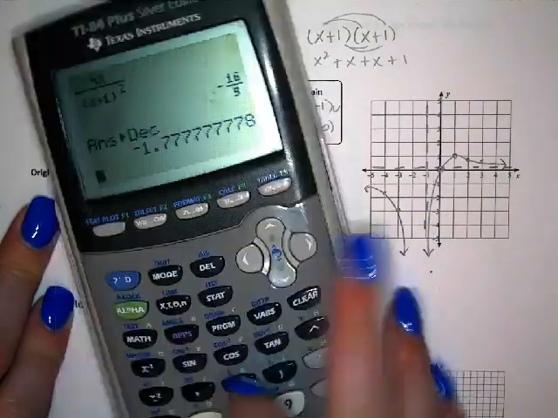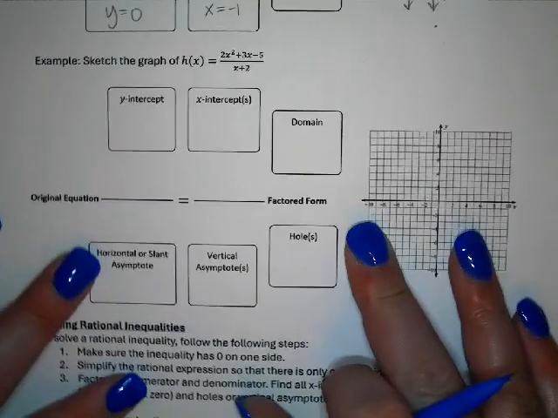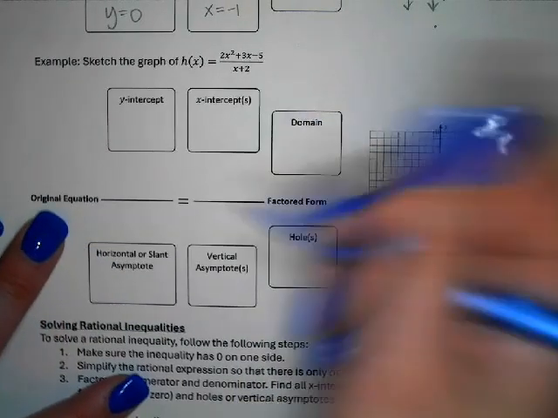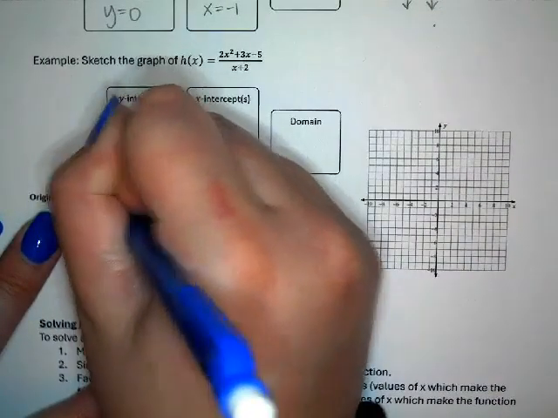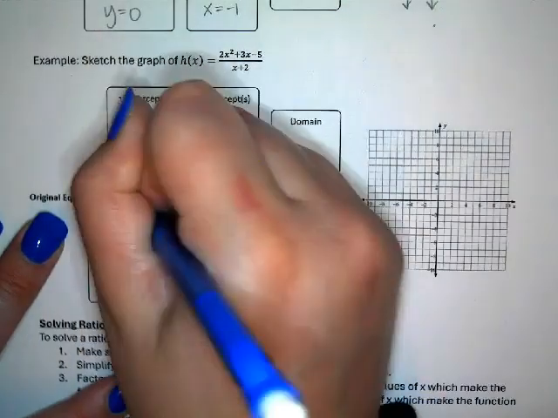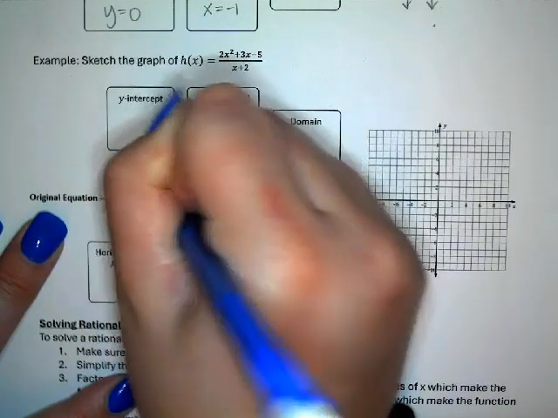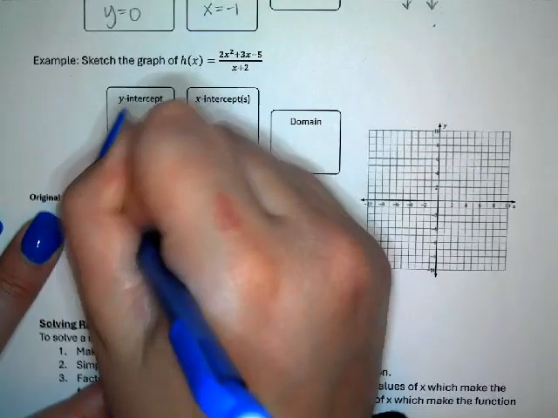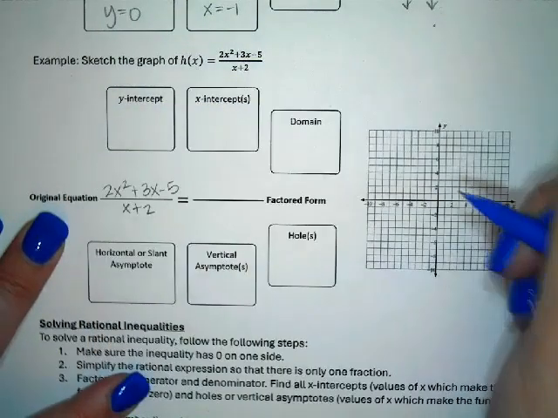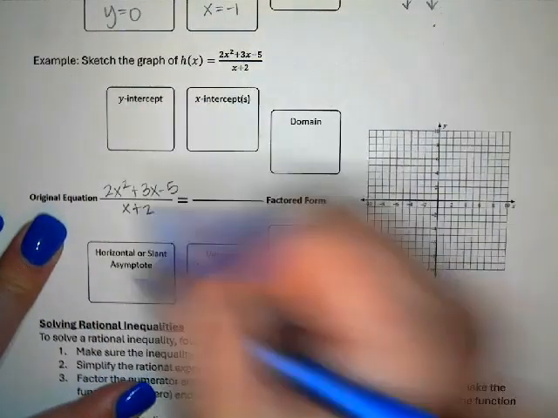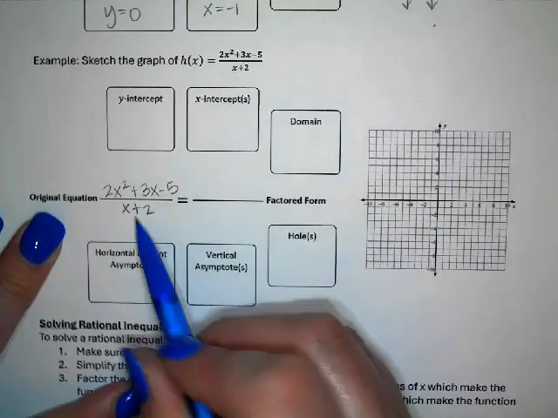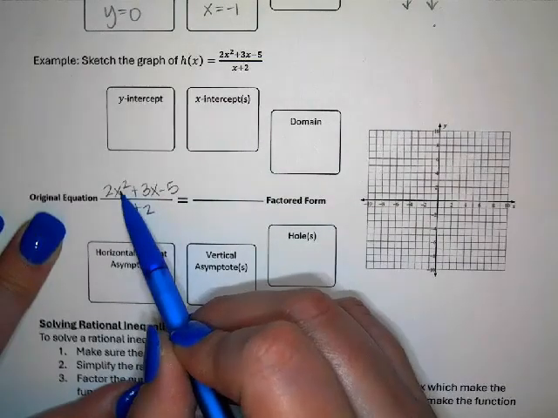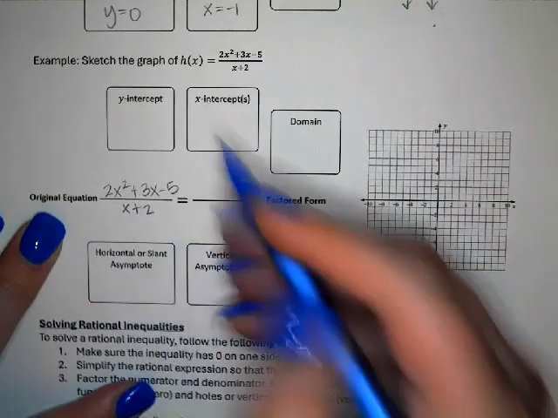Okay, here's the next one. So we have the original equation, 2x squared plus 3x minus 5, over x plus 2. All right, so in this situation, the degree in the numerator is 2, the degree in the denominator is 1. This is a slant asymptote, and so we have to do long division.